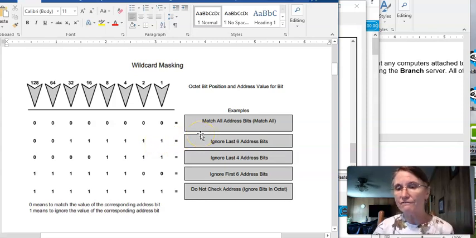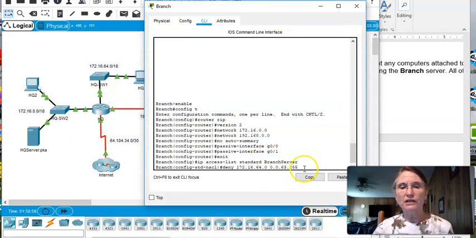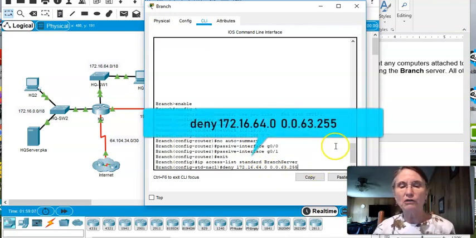It's like the flip side of a net mask, and thus you can convince yourself why 0.0.63.255 would be the correct designation.